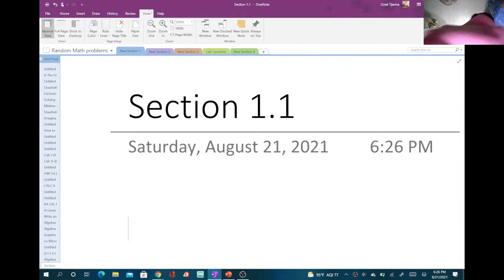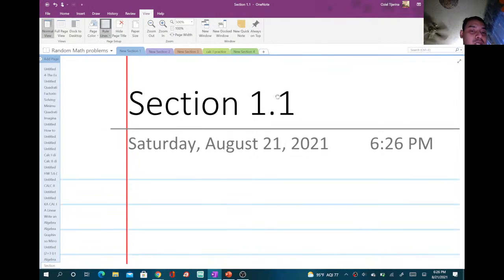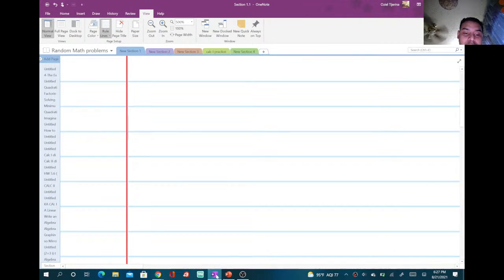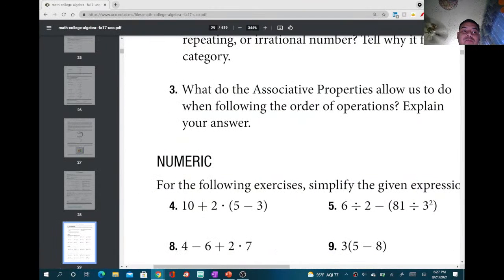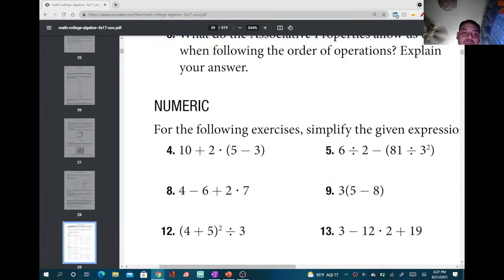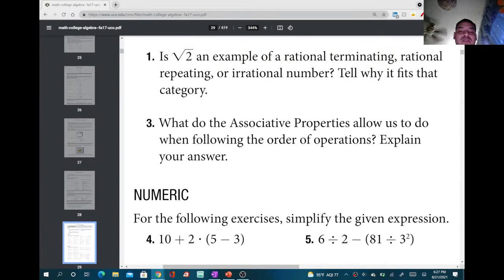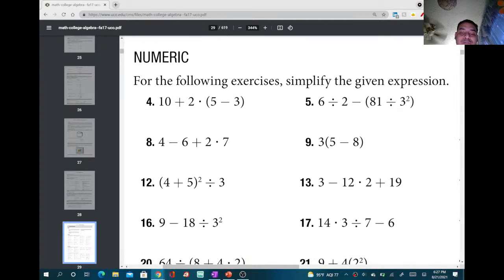So this is section 1.1, right? In this section, it is mostly about real numbers, rational numbers, the number system, if you will. I'm gonna skip the verbal part, because like I said, I don't think it is really needed.